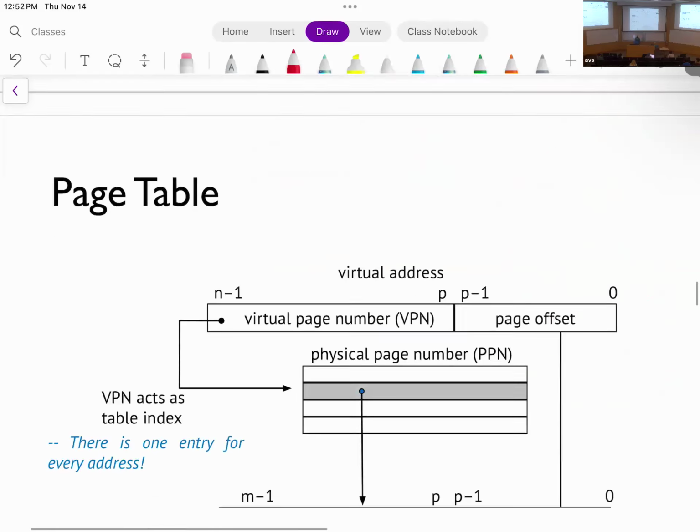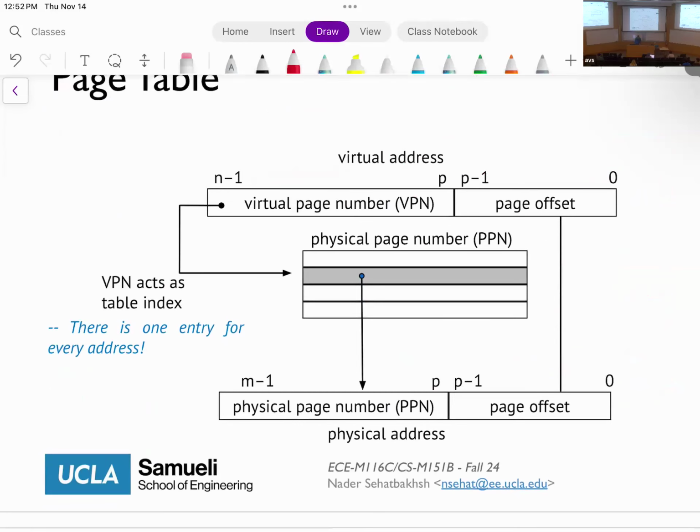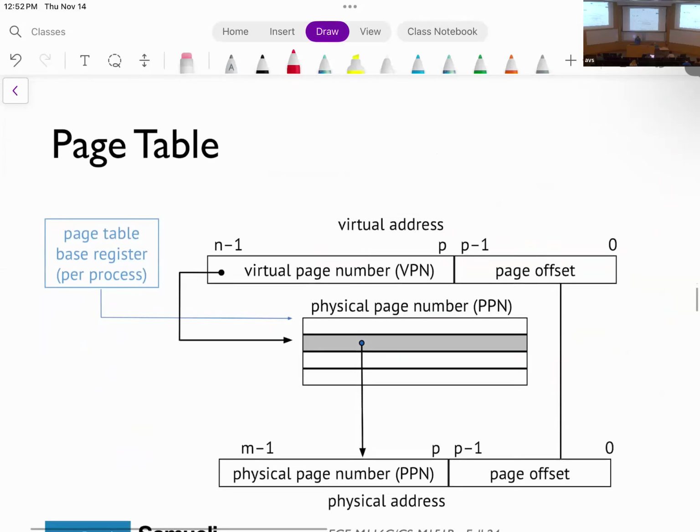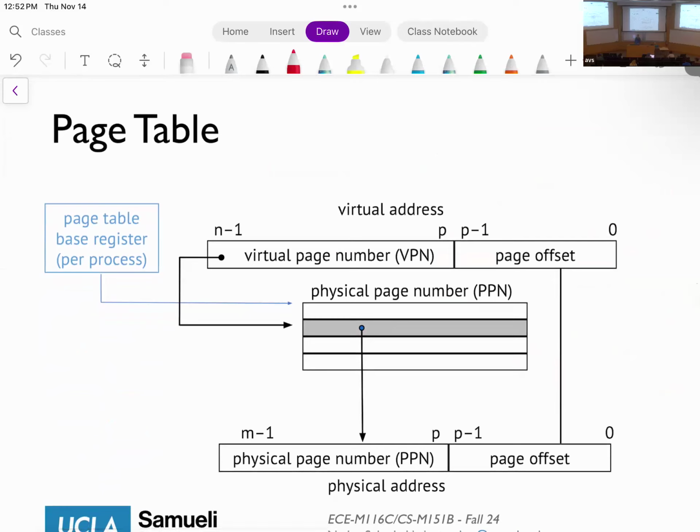Okay. So as I said, there is one entry per address. For now, let's assume that there is one entry per address. And this is how we're going to actually access this. I also told you that every program is going to have its own page table. So how do we actually incorporate that into this translation? Typically, this table itself has a pointer, okay?